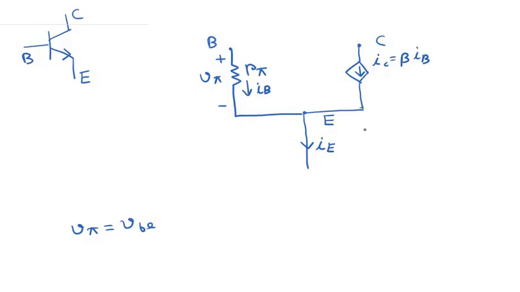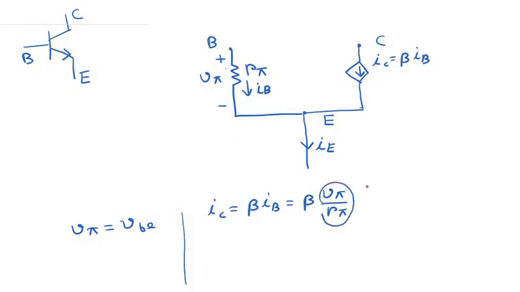Now we can actually modify this equation over here. So IC is equal to beta times IB, and IB is equal to V pi divided by R pi. So the AC component of the voltage at the base to emitter junction is basically V pi, and V pi divided by R pi is basically equal to the base current.